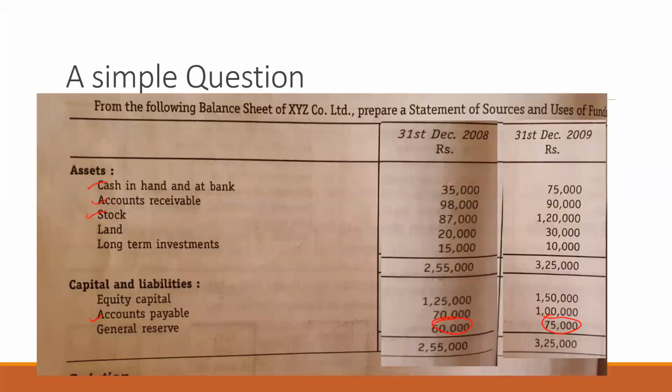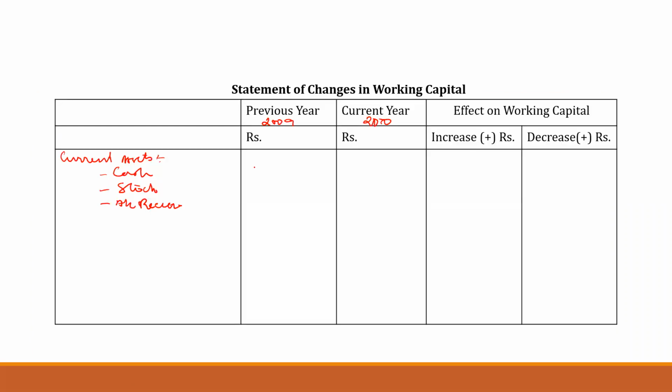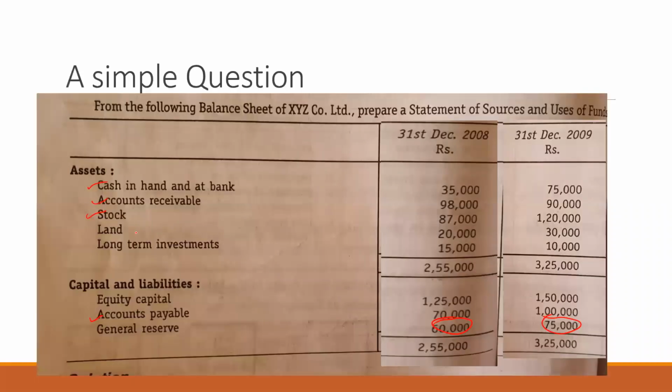Cash: 2008 it is 35,000, 2009 it is 75,000. Okay. Stock, how much is it? 87,000 and 1,20,000. Right?